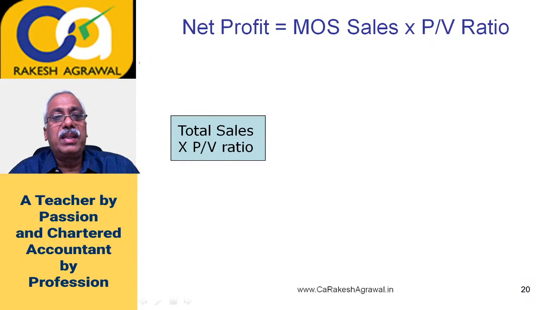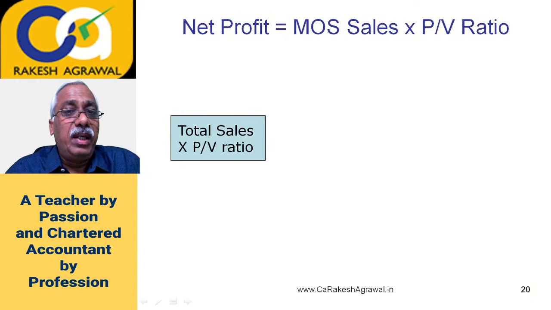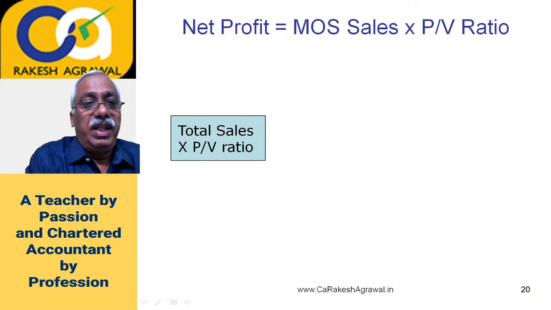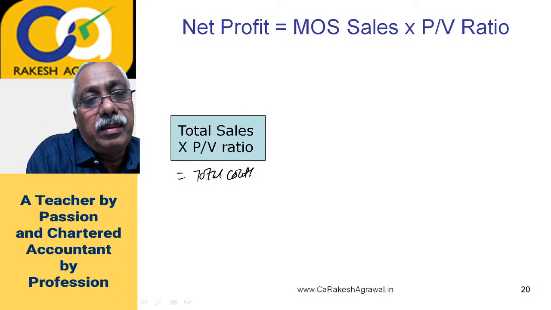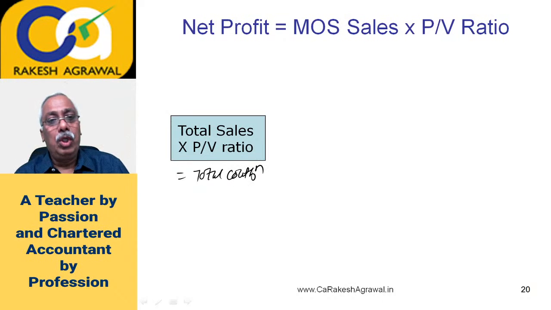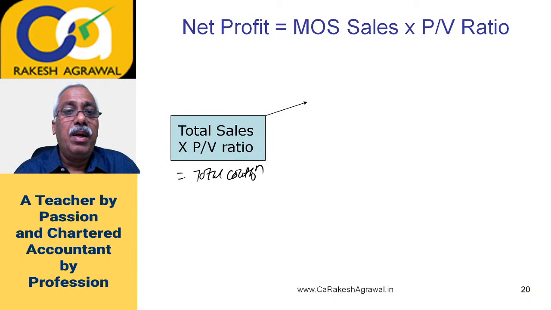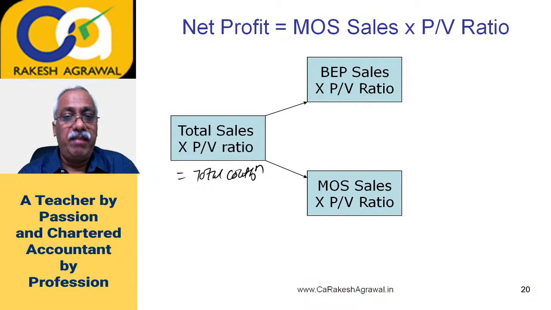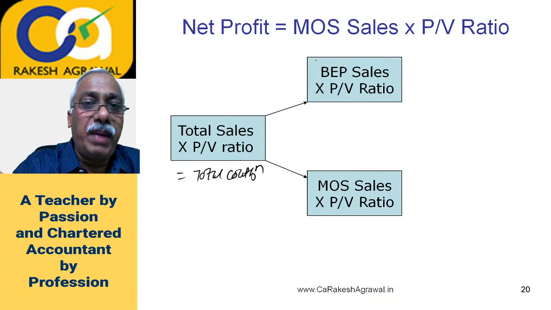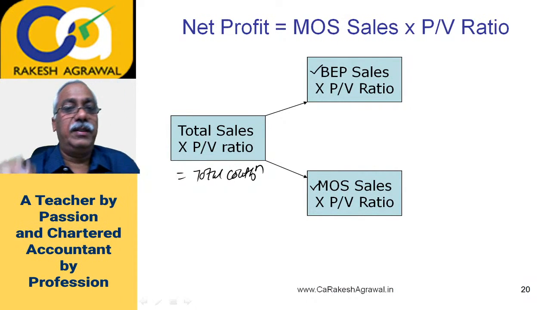Now we'll try to understand it through a calculation. Suppose I take total sales into PV ratio. Total sales into PV ratio will give me total contribution, correct? Now I will divide total sales in two parts: one part is BP sales, another part is margin of safety sales.